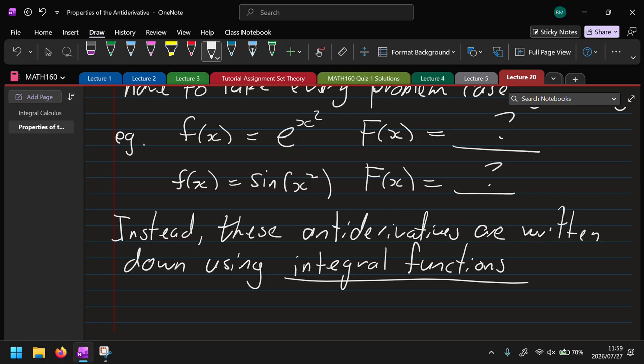Just a quick show of hands. Who's doing electrical engineering? Okay, quite a few of you. You will be seeing that a whole lot. Okay, so if you do want to change your degree, you can come to my office. I got some forms for you. But yeah, integral functions, you will see that all the way from next year until you graduate.